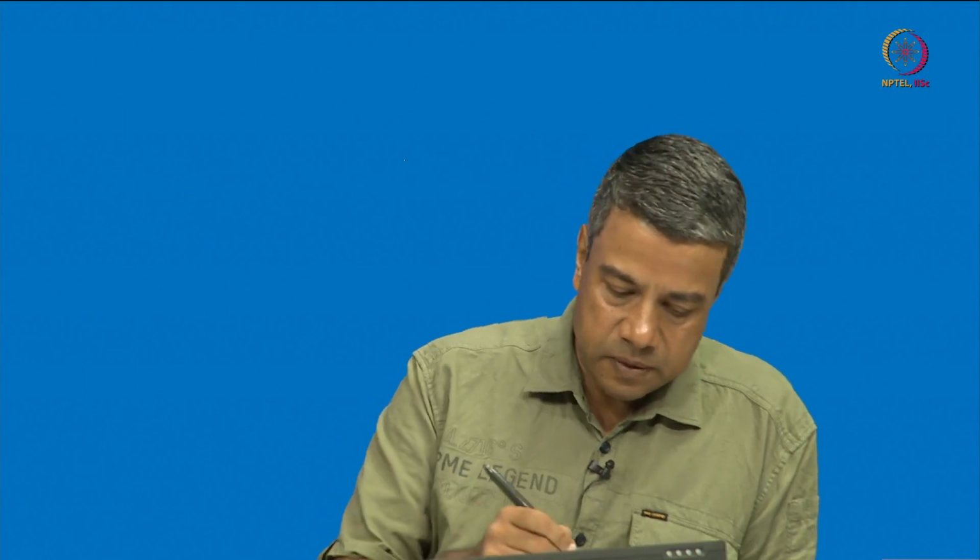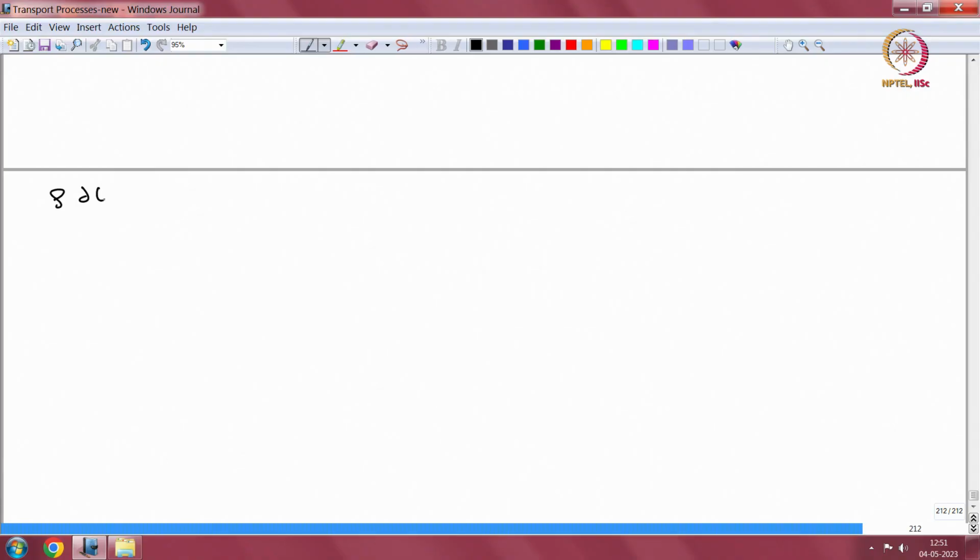So, the conservation equation: rho partial Vx by partial t equals minus partial P by partial x.